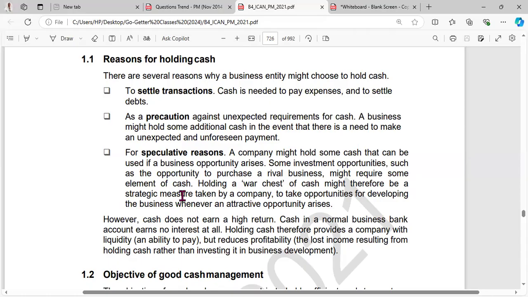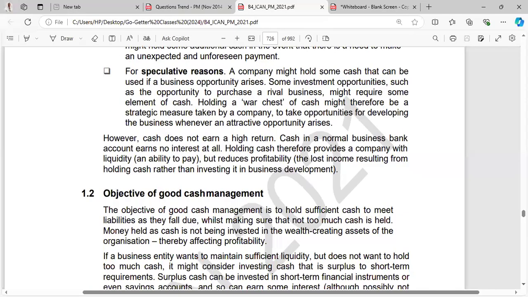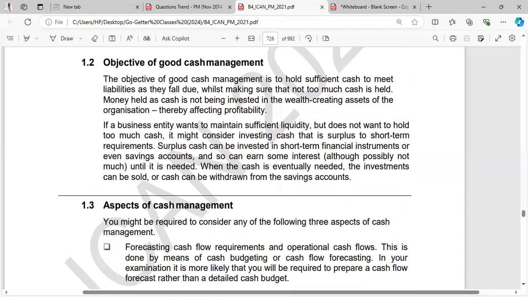All right, so it means that it is not good to hold too much cash because even though holding cash gives you the ability to pay and do other things, it is not good to hold too much cash or too little cash.